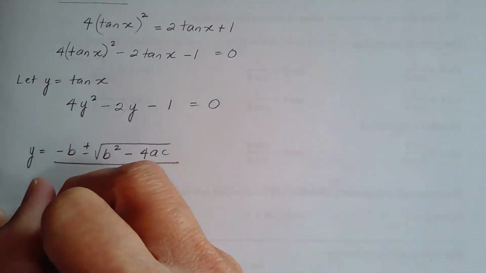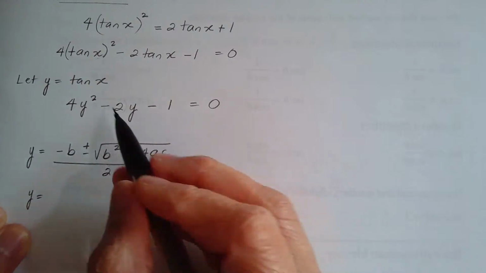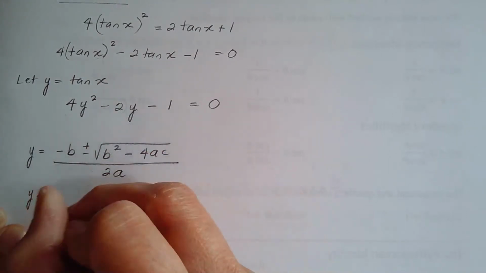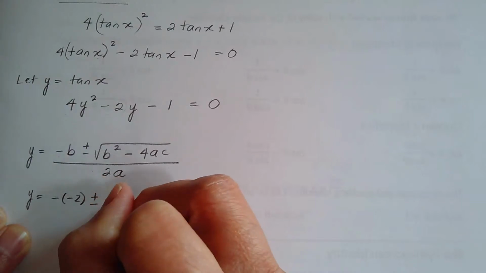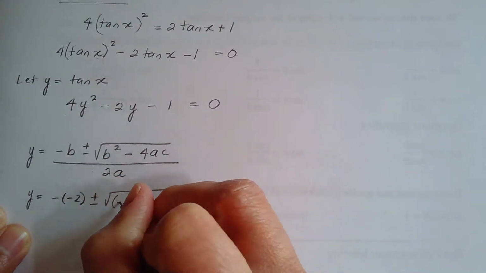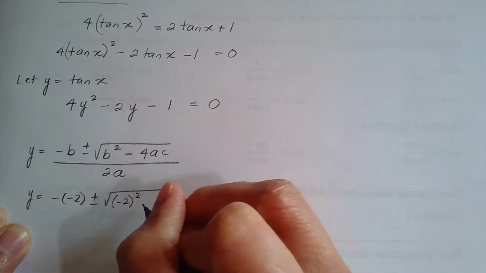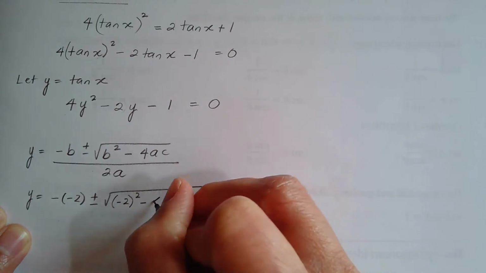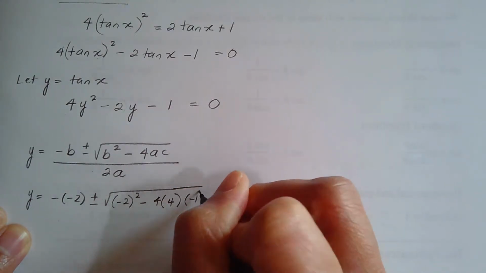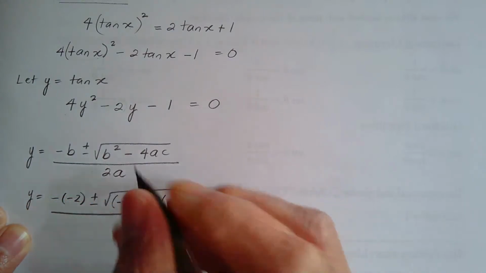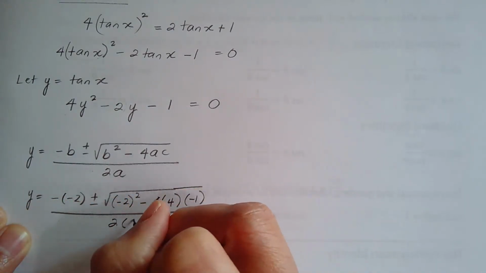So let's figure that out. Negative b, so negative 2, so that's going to be negative 2 plus or minus root of b squared, so negative 2 squared minus 4, a is 4, c is negative 1, divided by 2 times a, so it's 2 times 4.